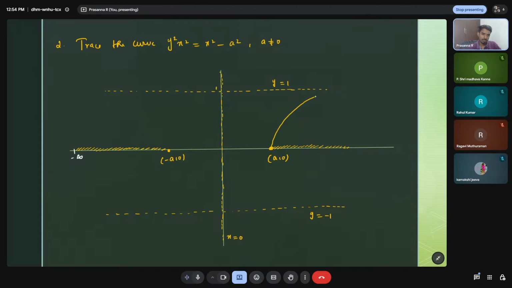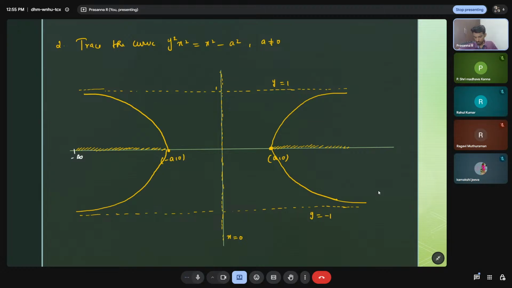That means the curve has to go like this, and this means the curve has to go like this, and it is symmetrical about the x-axis as well as the y-axis. So this image will come here, and this image will come here, right? So this is tracing the curve y square x square is equal to x square minus a square.